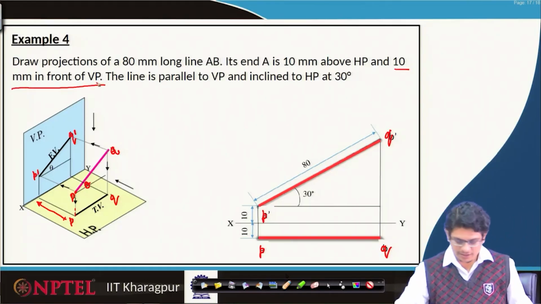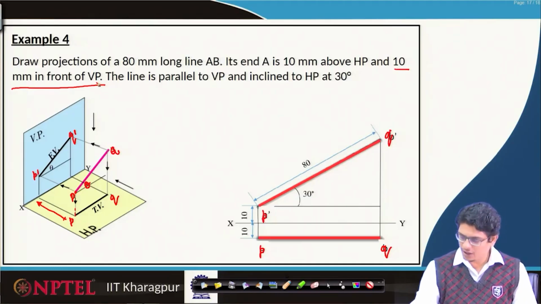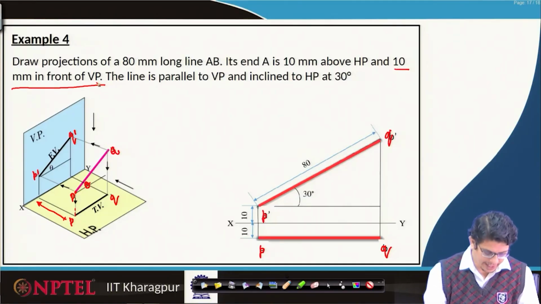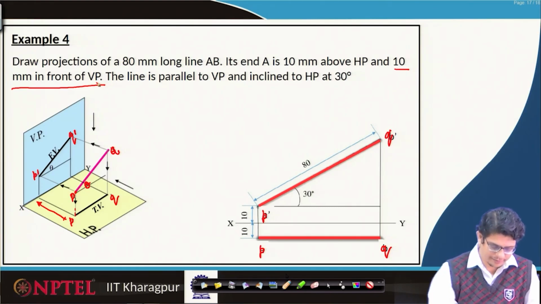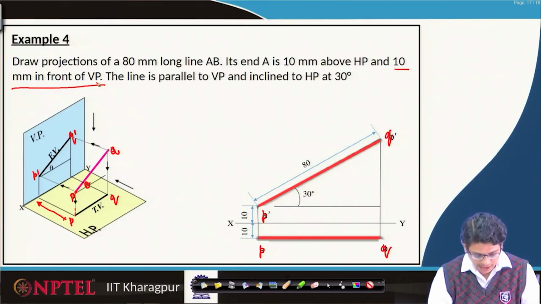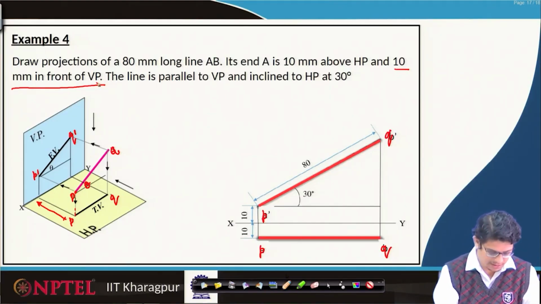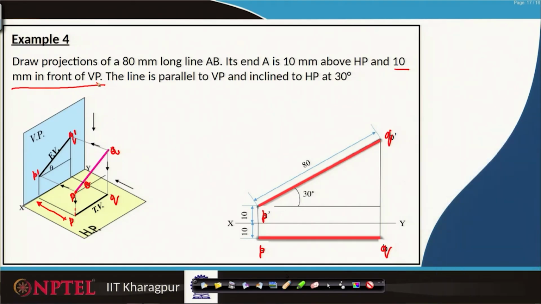So, 10 mm line, first we have to have it on the x axis, xy axis. So, that will be this one. So, project this horizontally onto that point. So, let us call this point P.